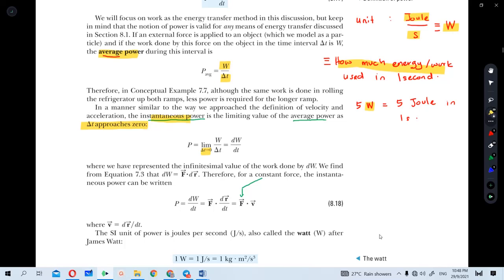When you open up the expression for work, you find that it is equivalent to force times the change in displacement, so F dr. When you divide by dt, observe how the expression turns into v. So this expression can be used provided you have a constant value of force.